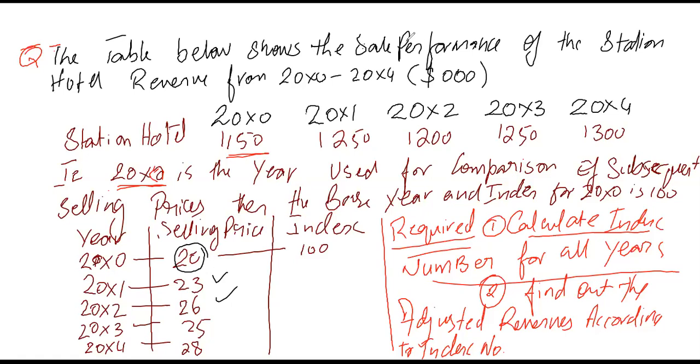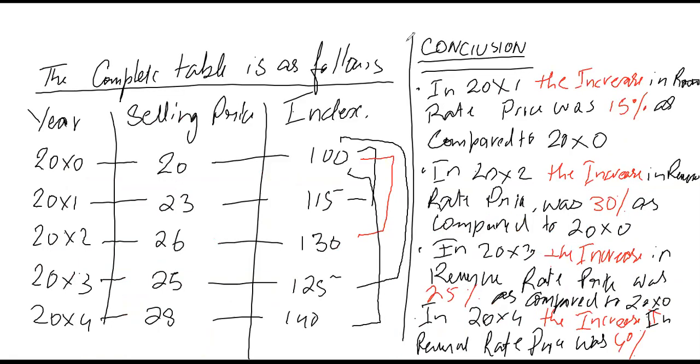Now, if we say that the selling price on a year to year basis is increasing by 15% in 2001 as compared to 2000, by 30% in 2002 as compared to 2000, by 25% in 2003 as compared to 2000, by 40% in 2004 as compared to 2000.